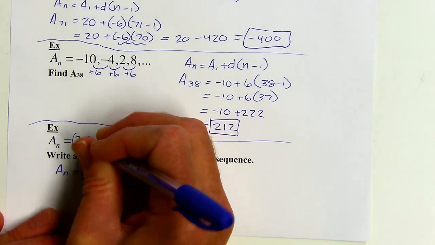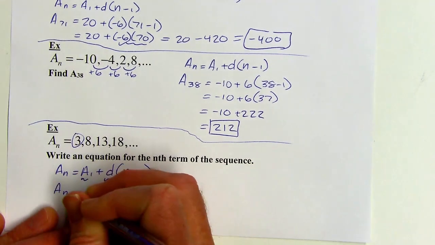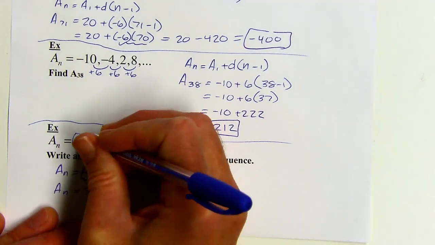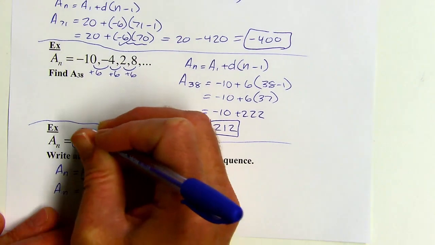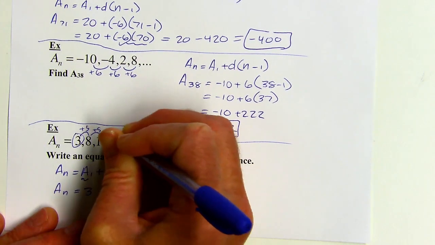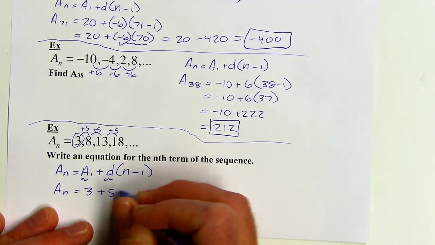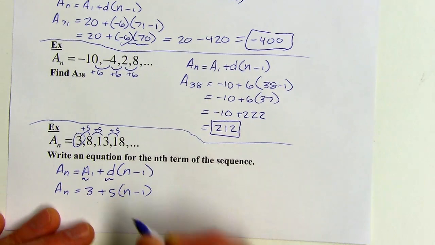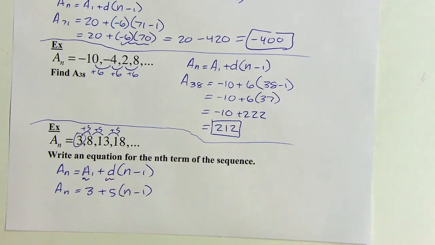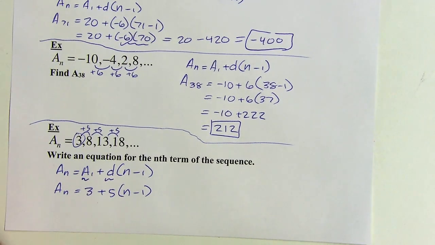So my first term is 3, and my difference, I can see I'm adding 5 to get from term to term. You could actually call it a day here, but we can simplify this a little bit.